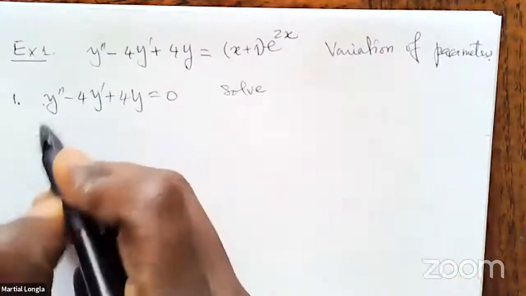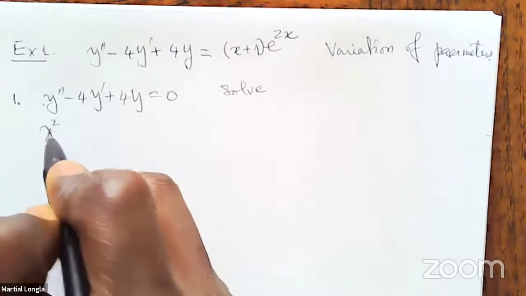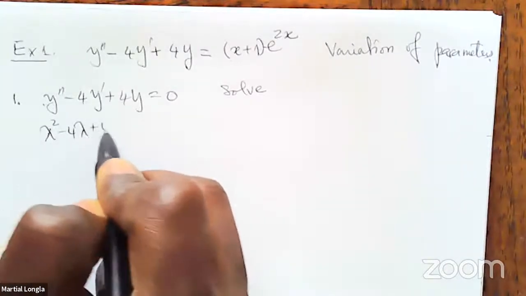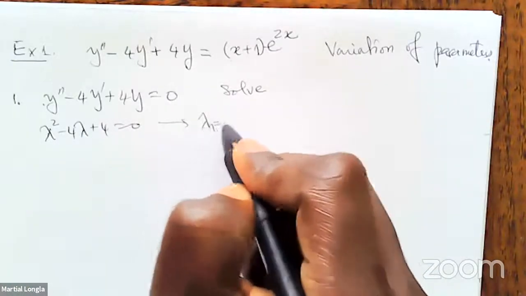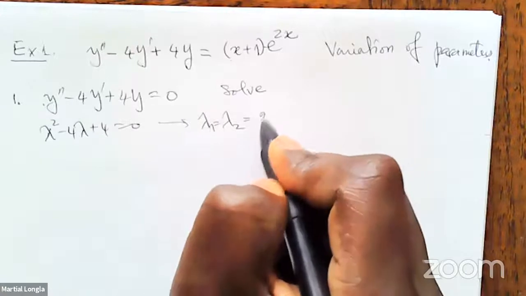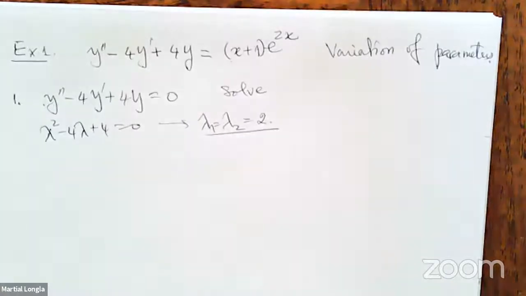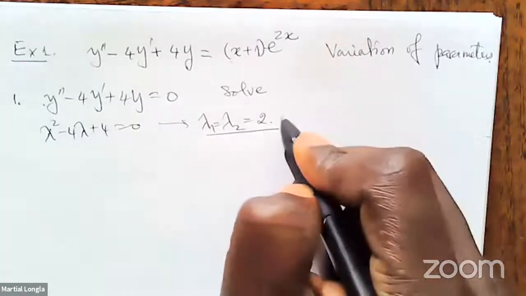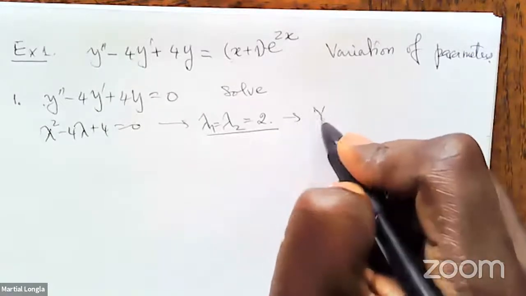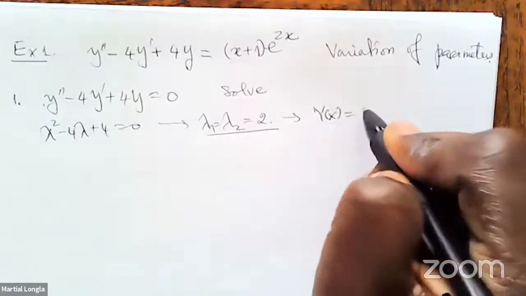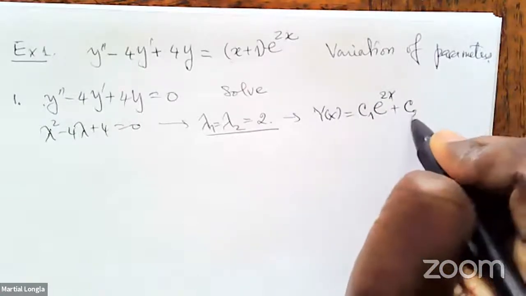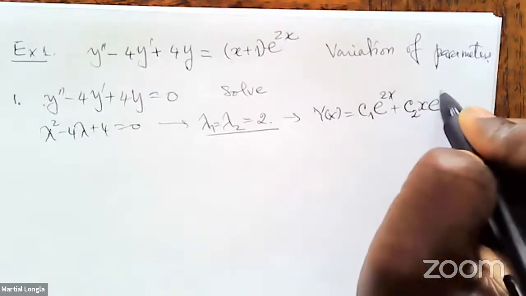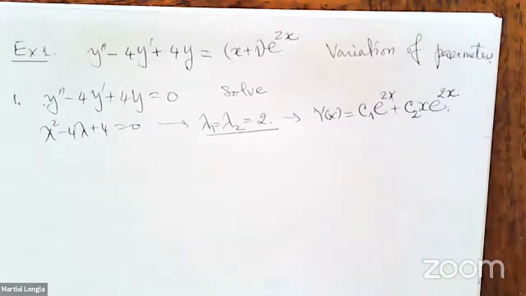How? Characteristic equation: lambda squared minus 4 lambda plus 4 equals 0. When you solve this, you get lambda 1 equals lambda 2 equals 2 using your quadratic formula. And so the capital Y of x is C1 e to the 2x plus C2 x e to the 2x. So that's what you do.